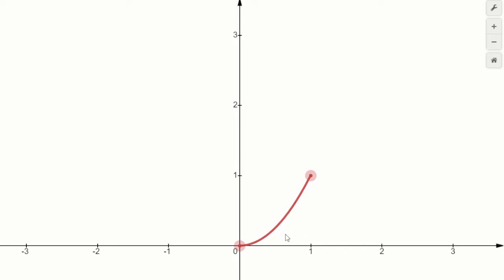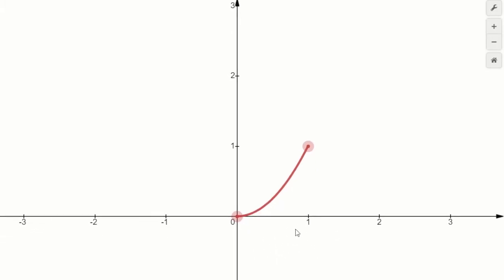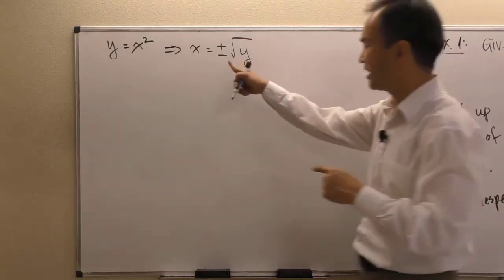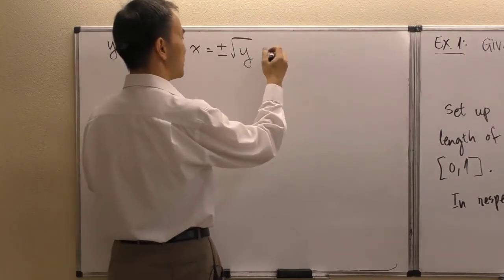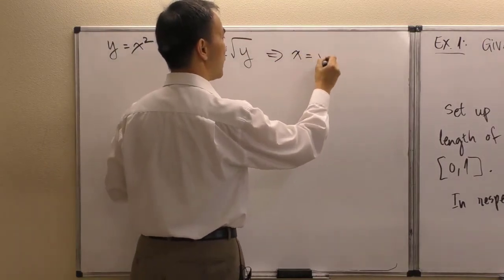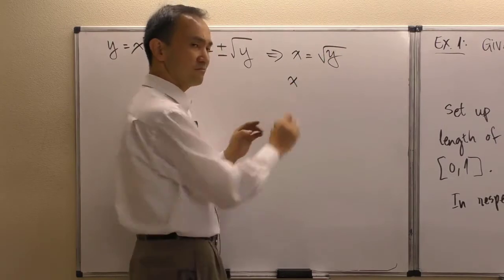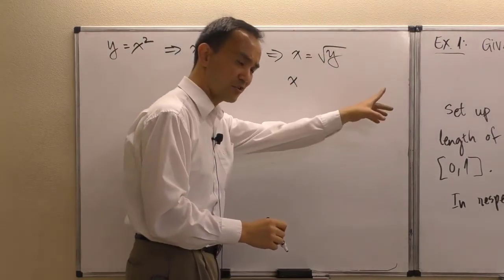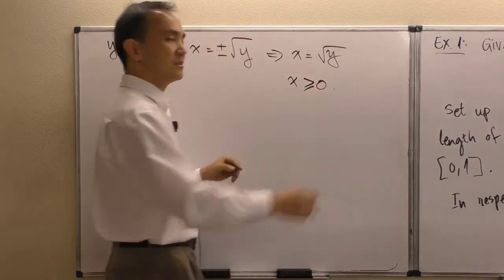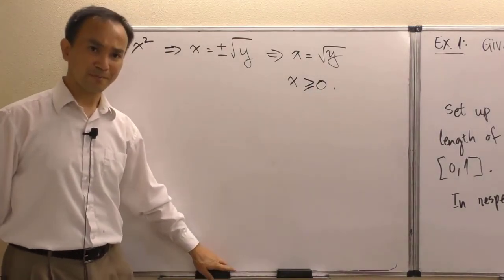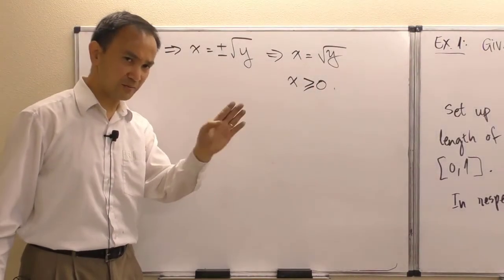This piece of curve was with respect to the x-axis, so it's all on the positive x side. See how the graph appears in quadrant 1, that piece of arc length? So going back to the solved work, we want x equals positive square root of y, because the problem initially indicated that x is positive or at least non-zero, since the interval for x is from 0 to 1.